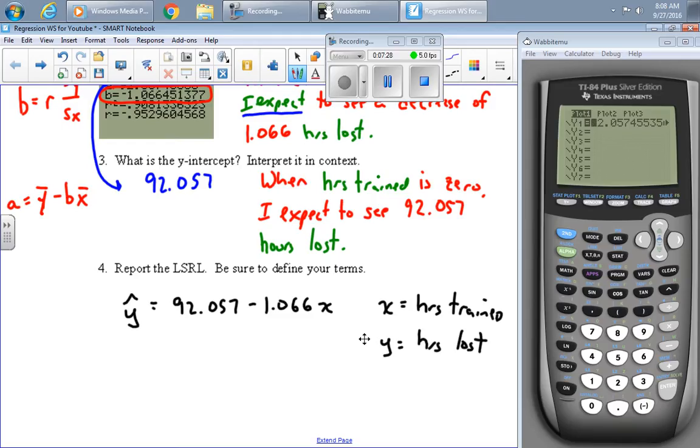The hat's important because it tells me it's a guess or an estimate, and defining your x and y is also important. Alternatively, you could write hours lost hat equals 92.057 minus 1.066 hours trained. So now I've put the terms of the variable right there in the equation, and I wouldn't have to define an x and a y.